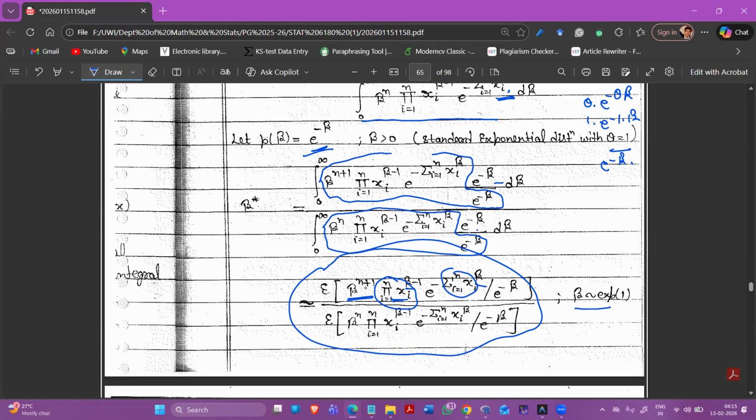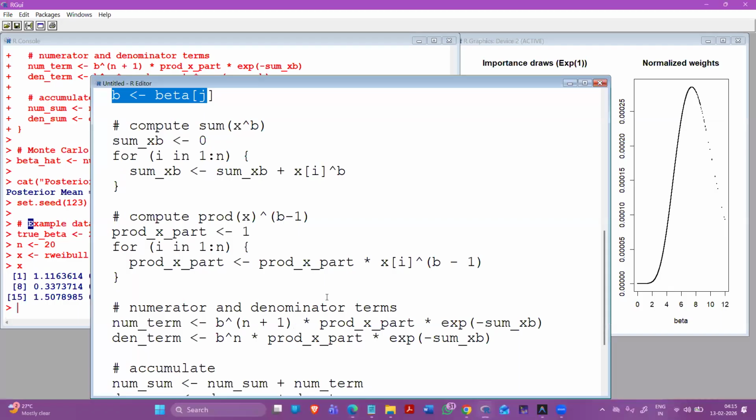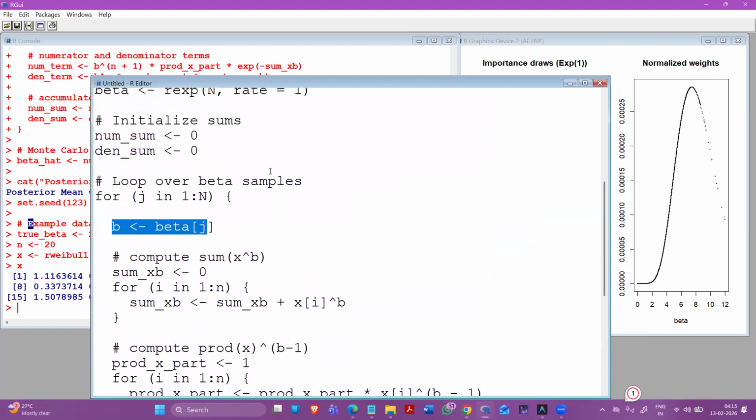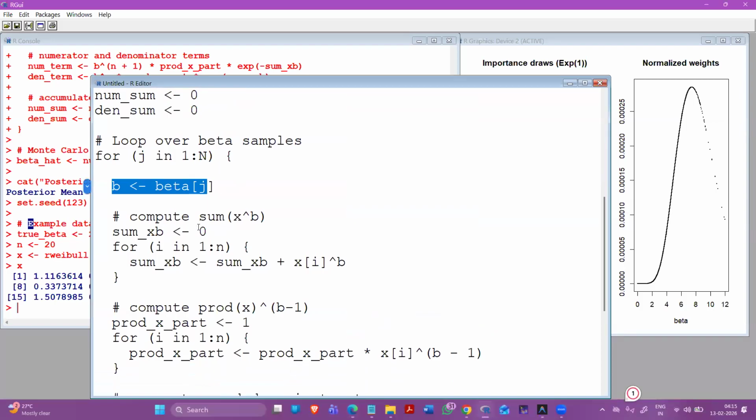So this product and this sum will change every single time, right? For the sum of x to the power b, that starts from 0, and then xi raised to the power b, that beta that every single time I am going to generate.